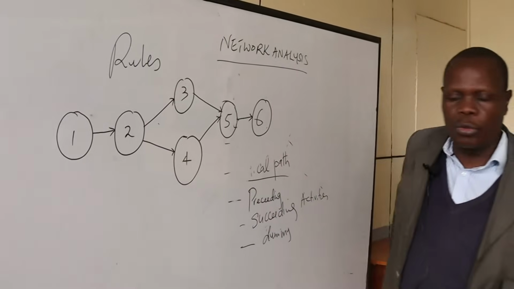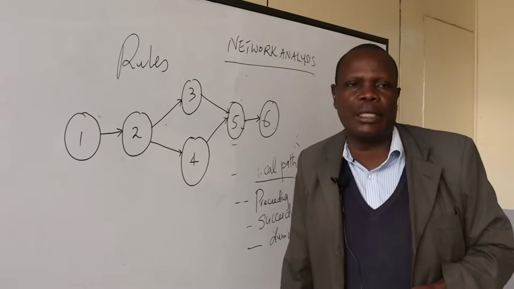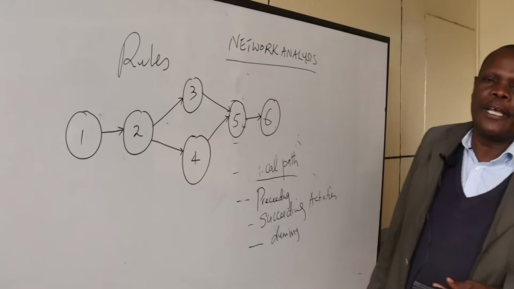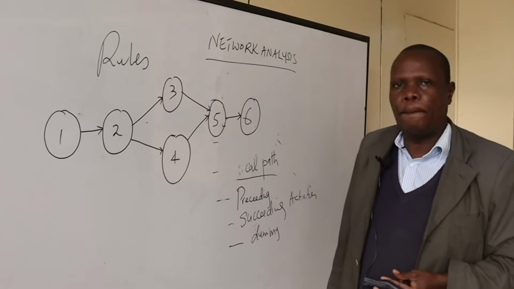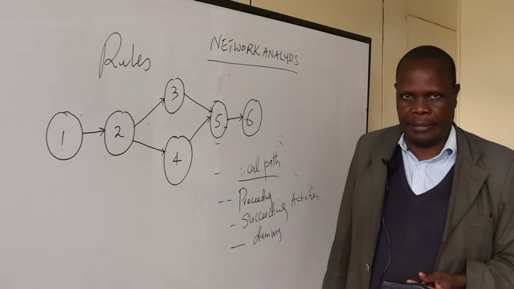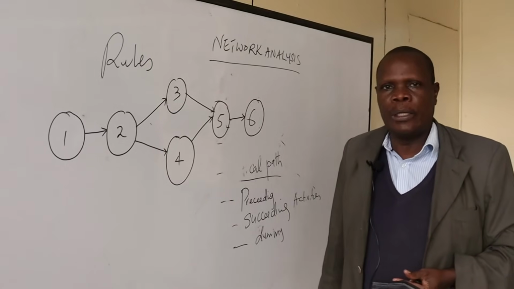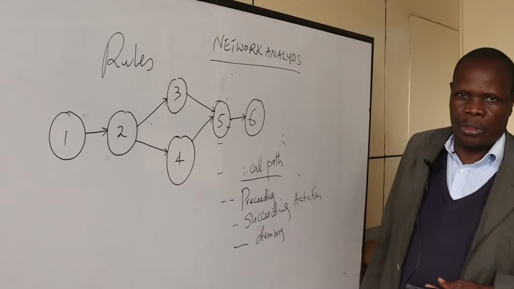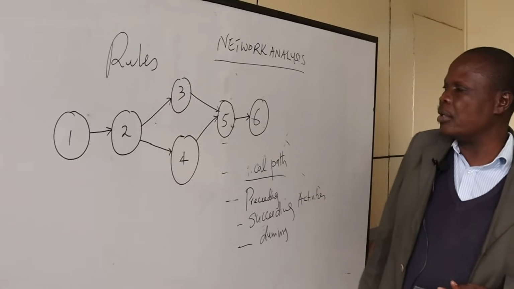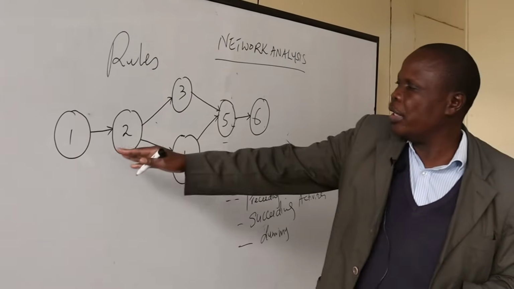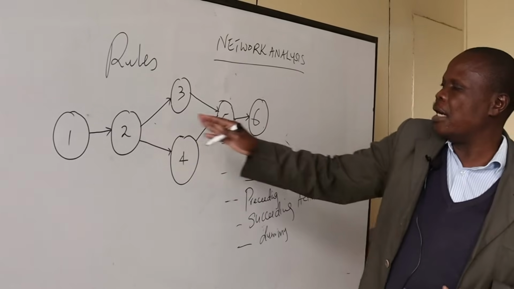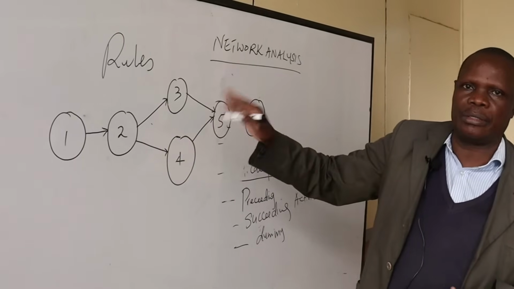So the second rule in the construction of network is networks must be represented by arrows. They must be represented by arrows from left to right. These arrows are always straight lines.